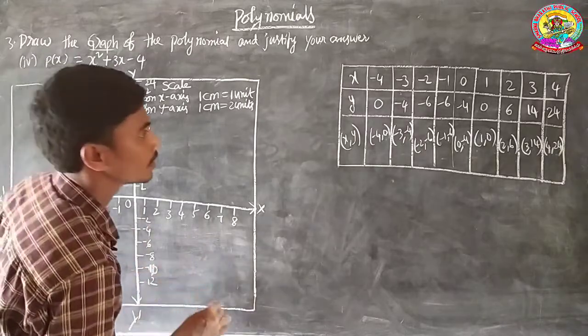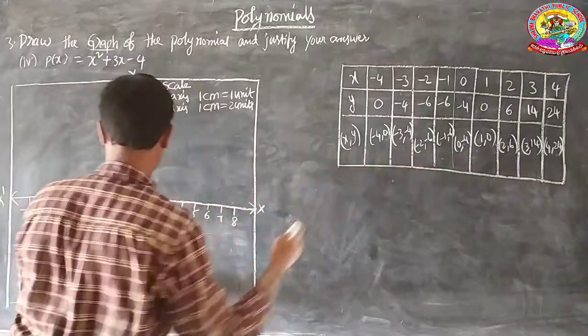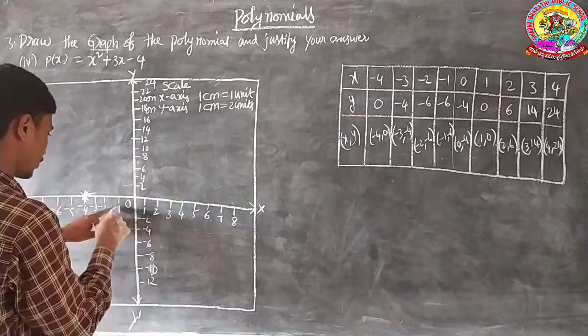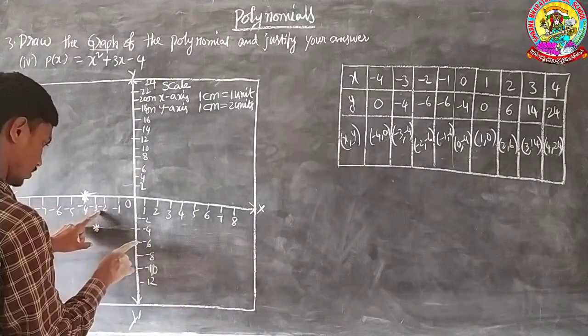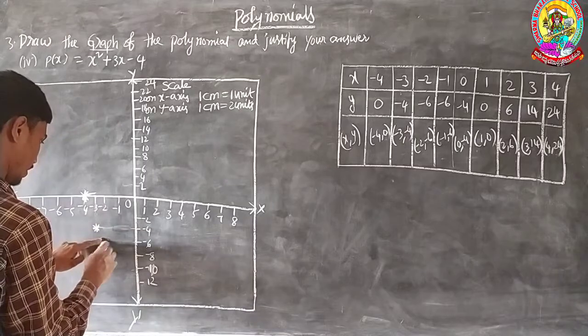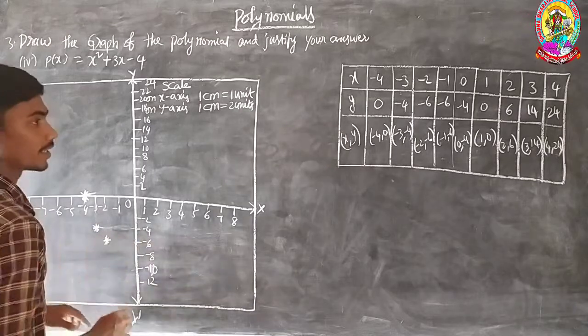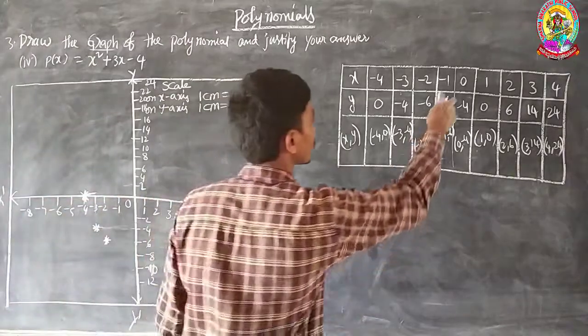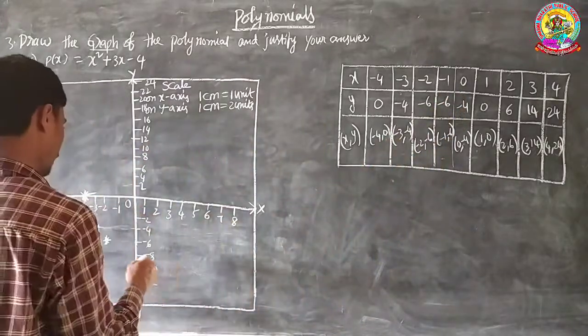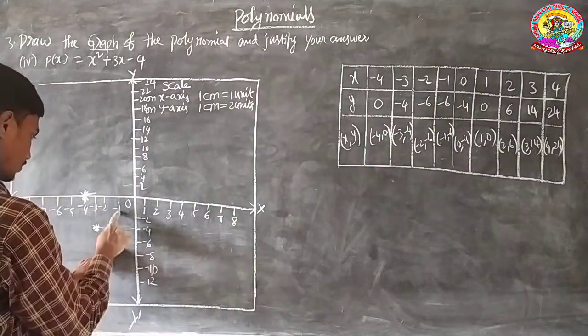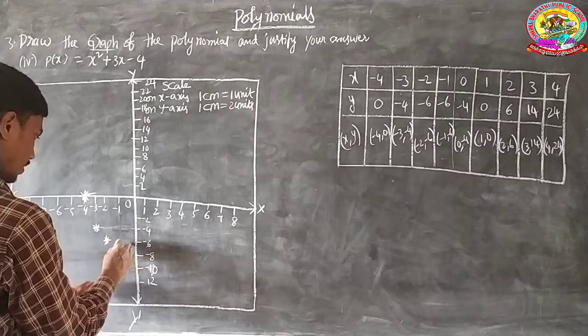Next, minus 2 comma minus 6, the point is here. Next, minus 1 comma minus 6.